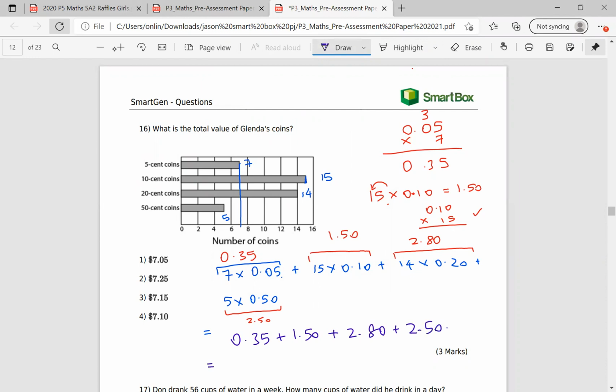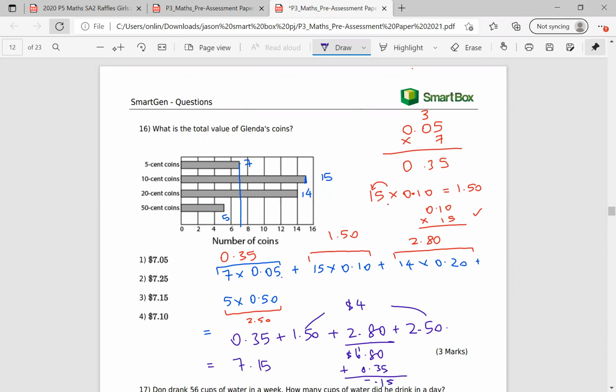So what we have here is basically equal to 7.15, because if you pair these two up, it's equal to $4. And then if I pair the $4 with this one up, I will have a total of 6.80. And then I add 6.80 to 0.35: 0 plus 5 equals 5, 8 plus 3 equals 11.